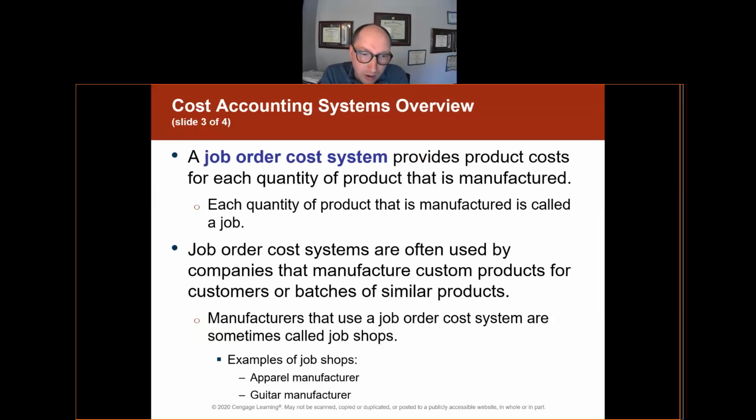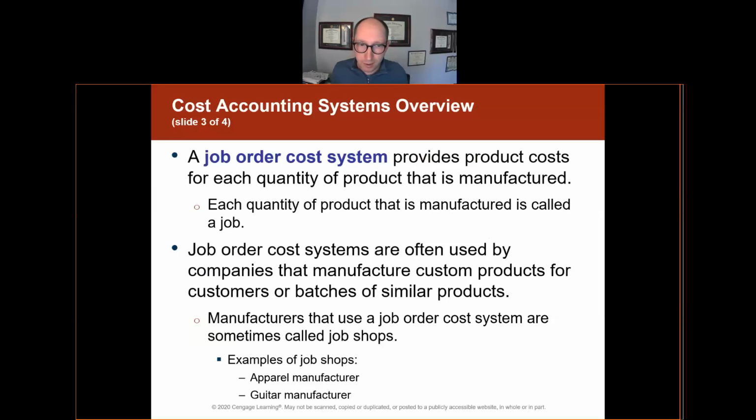Our guitar manufacturer does it based off of customer orders or batches. The word batch means I make a certain amount of inventory in one run. A run is where I spend a day or a few days manufacturing the same product, and I manufacture a whole bunch of them.